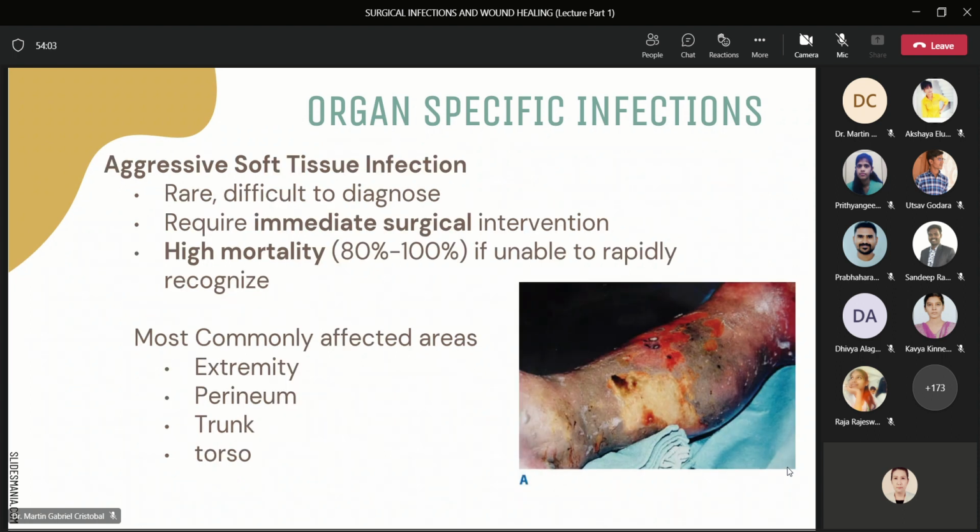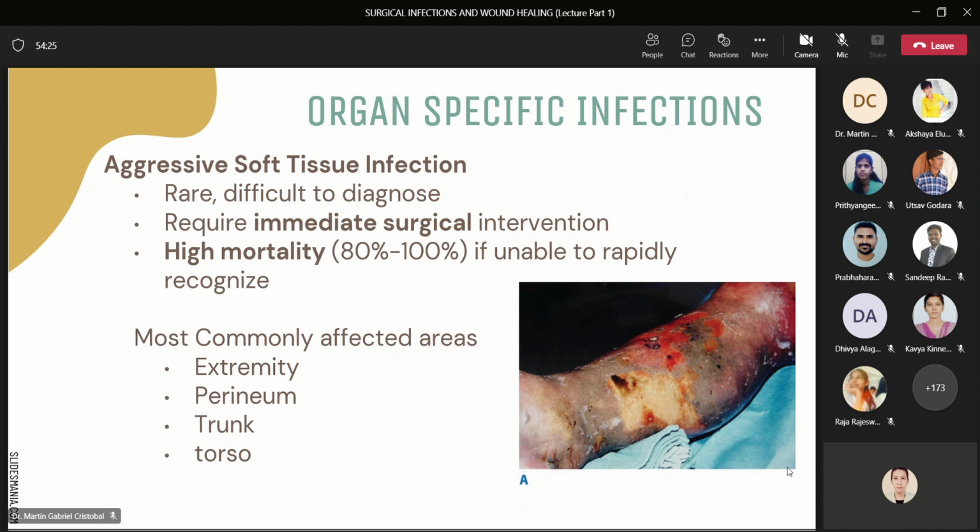Next, we have aggressive soft tissue infections. These are rare and are difficult to diagnose. They require immediate surgical intervention plus antimicrobial agents, and failure to rapidly recognize them results in extremely high mortality, reaching up to 80 to 100%.